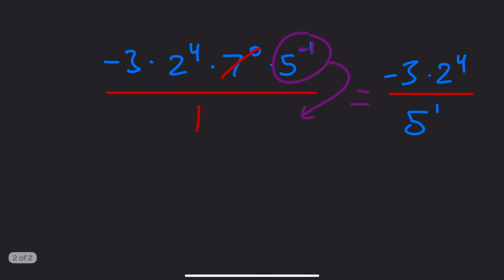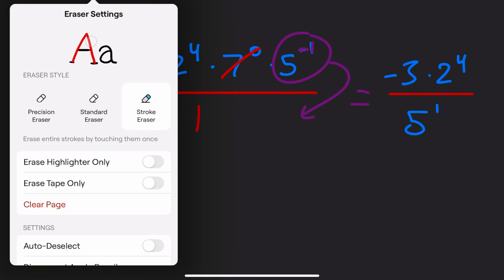We have moved it to the bottom. The magic line in the middle has turned our 5 to the negative 1st power into 5 to the 1st power, positive. Okay, so we are done because all of these have different bases as well. Okay, so let us continue on.